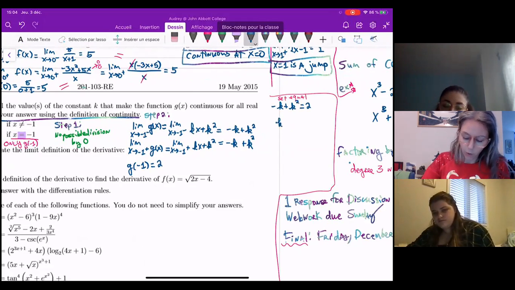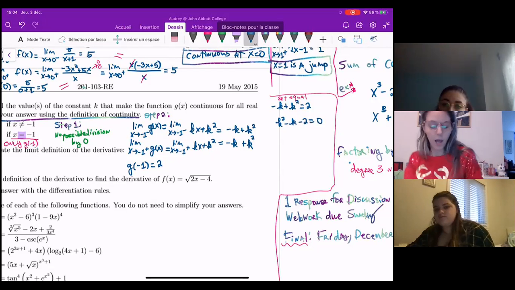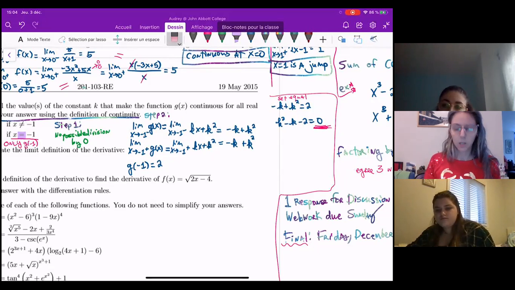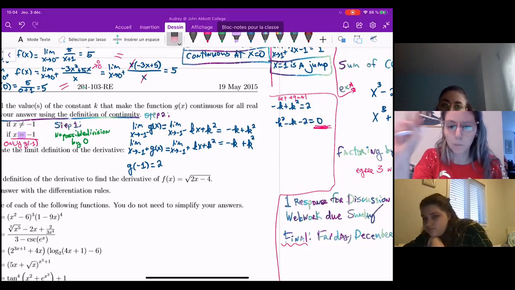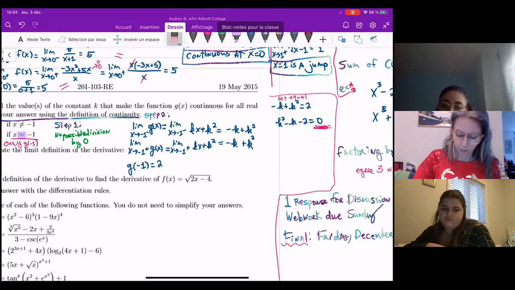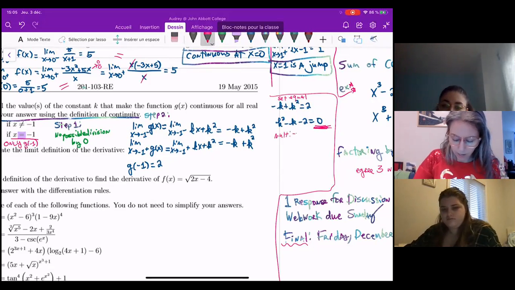So I get k squared minus k minus 2 equals 0. Exactly. I think someone said earlier we need to equate to 0. We're always going to try to get a 0 on the right side, and then we're going to factor. So I want two numbers that multiply to give me negative 2 and add to give me negative 1. The multiplication is negative 2 and the addition should be negative 1.